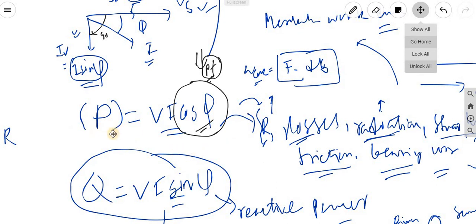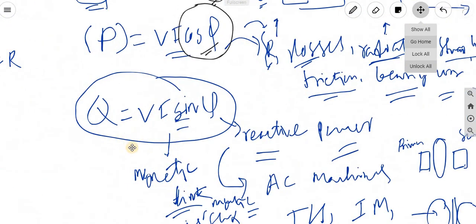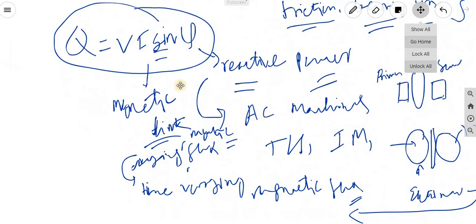Active power is nothing but the power in the resistance. If resistance is there, that means power is consumed. Active power flows only from source to load. But reactive power, as we have seen, goes from source to load and load to source, because it produces the magnetic flux.